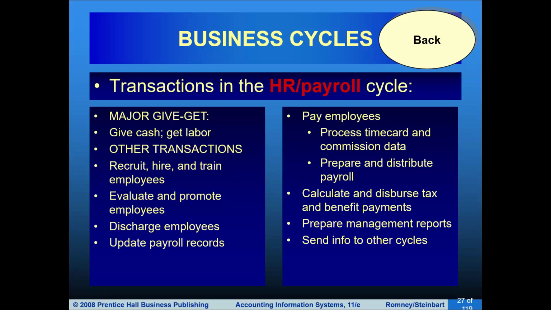In addition to that major transaction, there are some other transactions under the payroll and HR cycle: recruit, hire and train employees, evaluate and promote employees, discharge employees, update payroll records, pay employees, process time card and commission data, prepare and distribute payroll, calculate and disburse tax and benefit payments, prepare management reports, send information to other cycles.